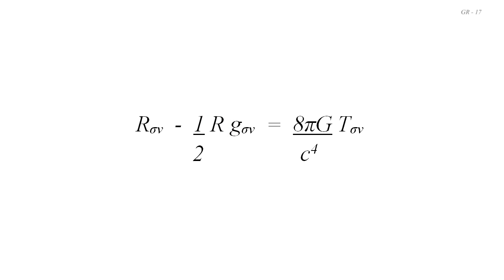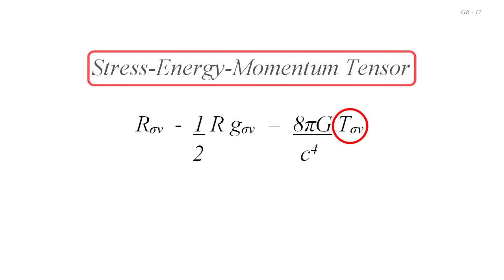However, before we get to that, we have one more thing to sort out, which will be covered in the next video. If you look at Einstein's field equations again, you should notice that there is one thing that we haven't yet discussed. This, the stress-energy-momentum tensor. And we will begin to explore this after thinking a little bit about four-vectors.